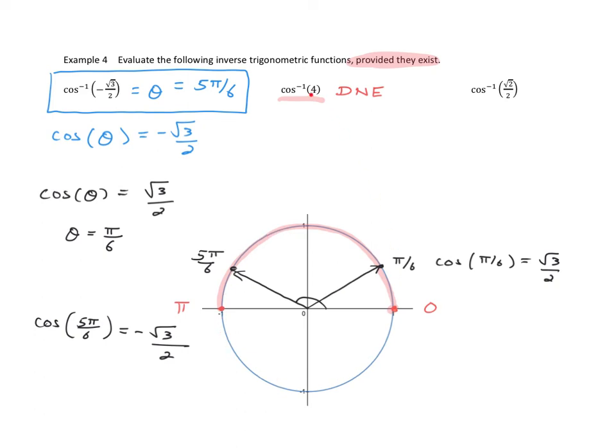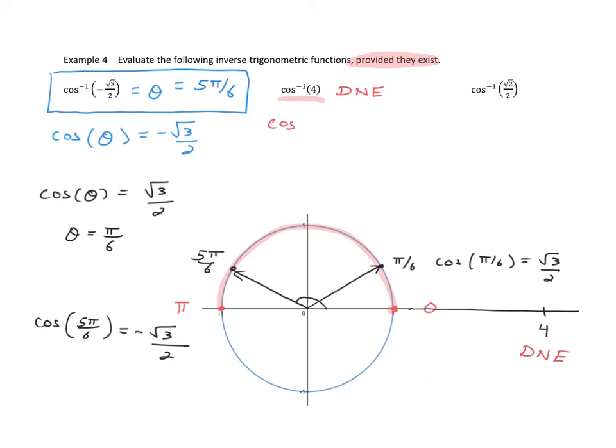And this is asking for the angle that gives you an x value of 4. Cosine can only take on values that go from positive 1 to negative 1. Cosine is never equal to 4. Like, I'll even draw it on here. If I extend this axis, here is 4. The circle never has an x value of 4. And because of this, it does not exist.